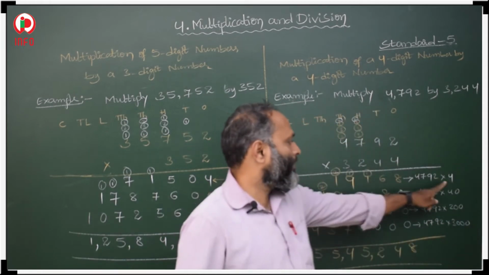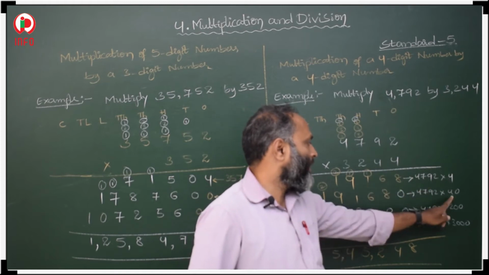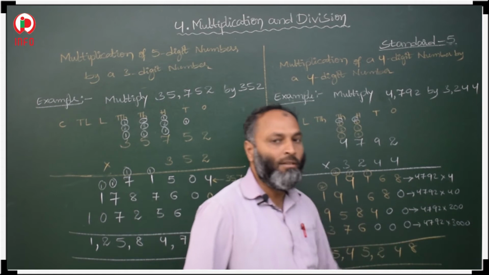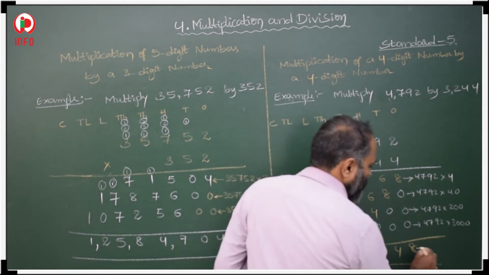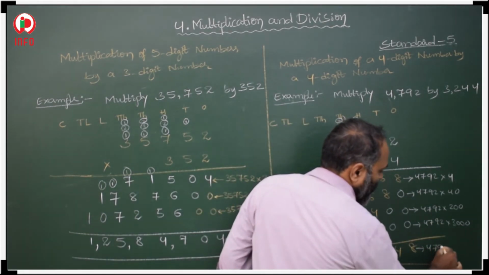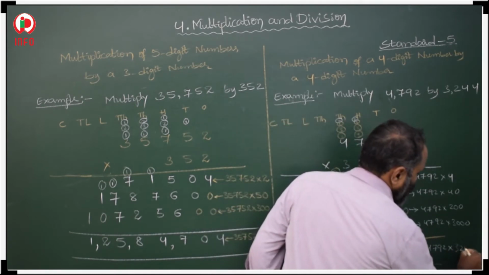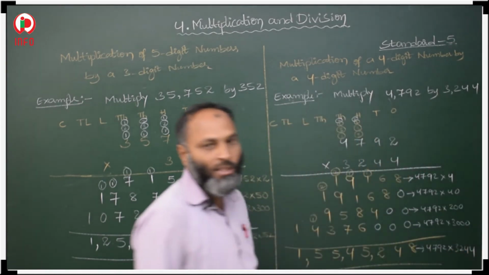First with 4, with 40, with 200, with 3,000. The total, this is the product of 4,792 with 3,244. Okay.